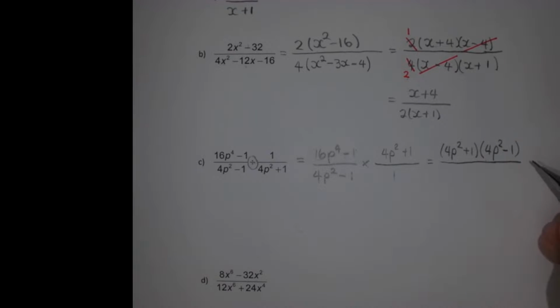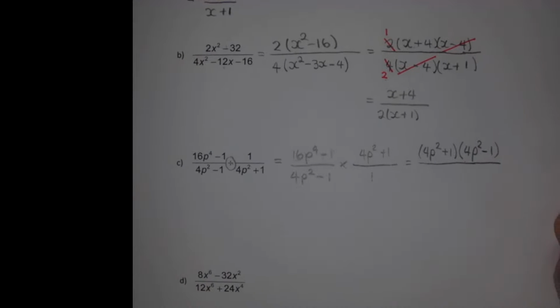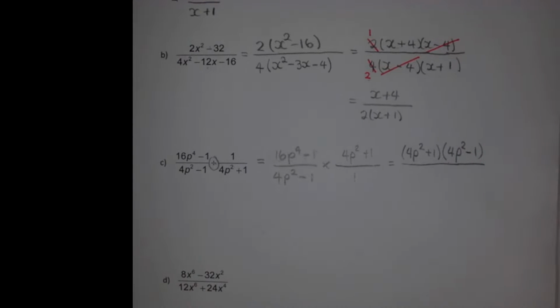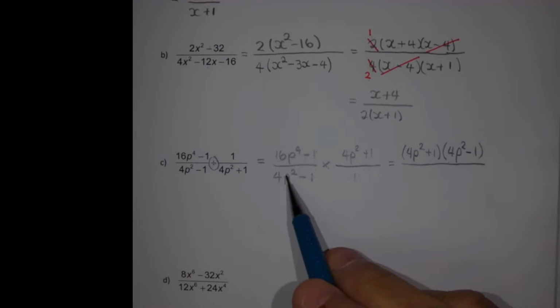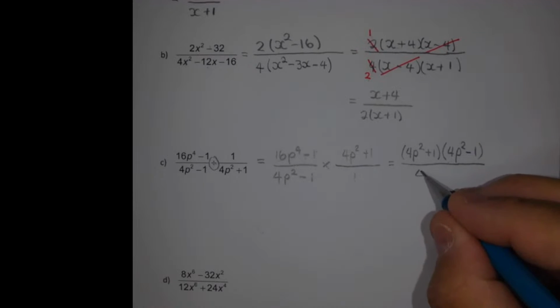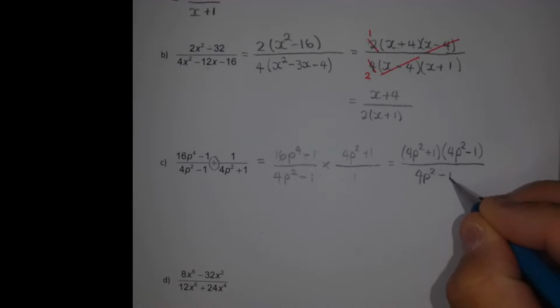Then I notice that that is also a difference of two squares, so I could factorize that further. However, I notice that the denominator in my fraction is also 4p squared minus 1.